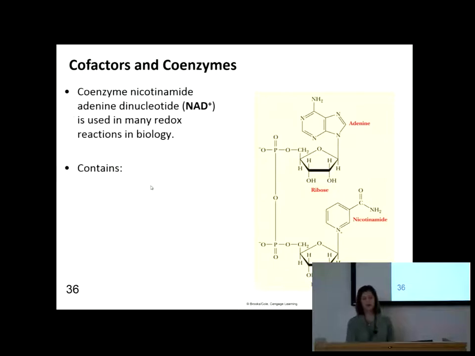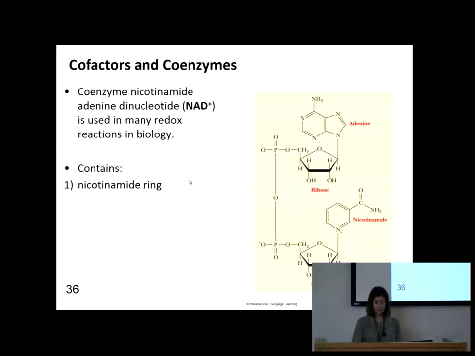All right, NAD. We're going to say that word like 5,000 times the rest of the semester. NAD comes from niacin, and it's involved in redox reactions. You do not need to know the structure; I'm just showing you here.